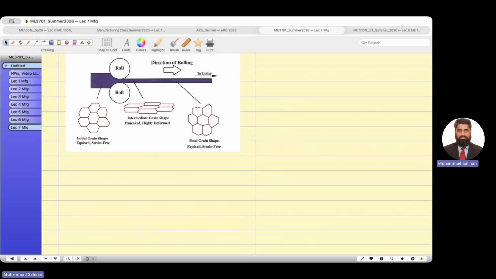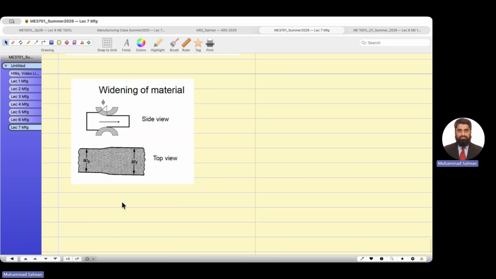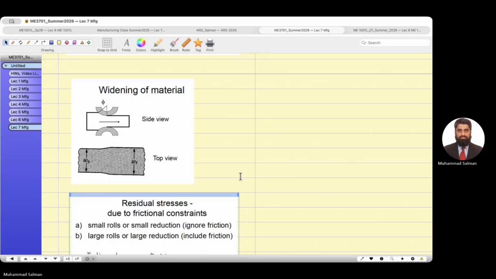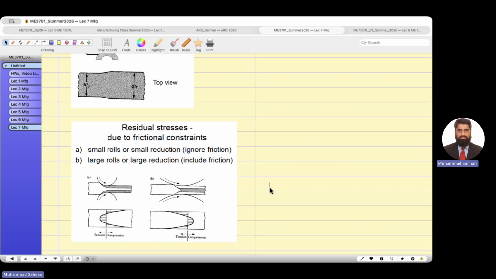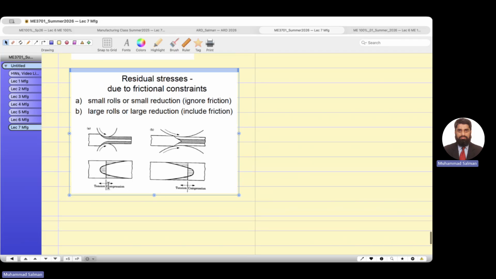Although we assume that the width does not change, a little bit it changes if you see from the top view. Some residual stresses arise due to frictional constraints for small rollers: tension in the beginning, compression after the neutral point, because the material flows faster.